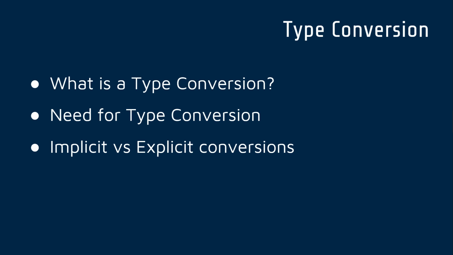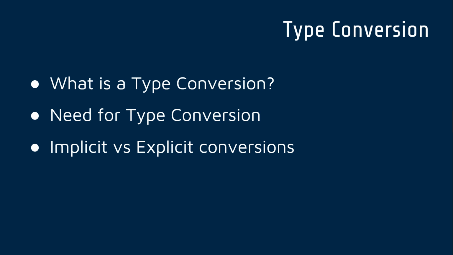Coming to explicit type conversion, it's the exact opposite of implicit type conversion. Here the user has to specifically give instructions to Python about what kind of conversion the user is looking for.